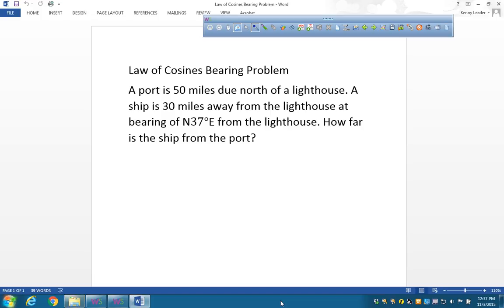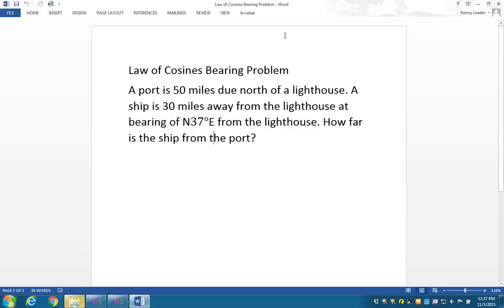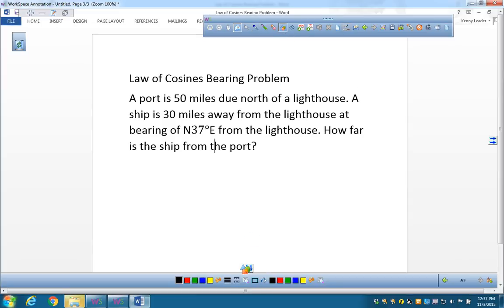So a port is 50 miles due north of a lighthouse. So here's your lighthouse. Let's draw a lighthouse. Watch me draw a lighthouse. Here it is.